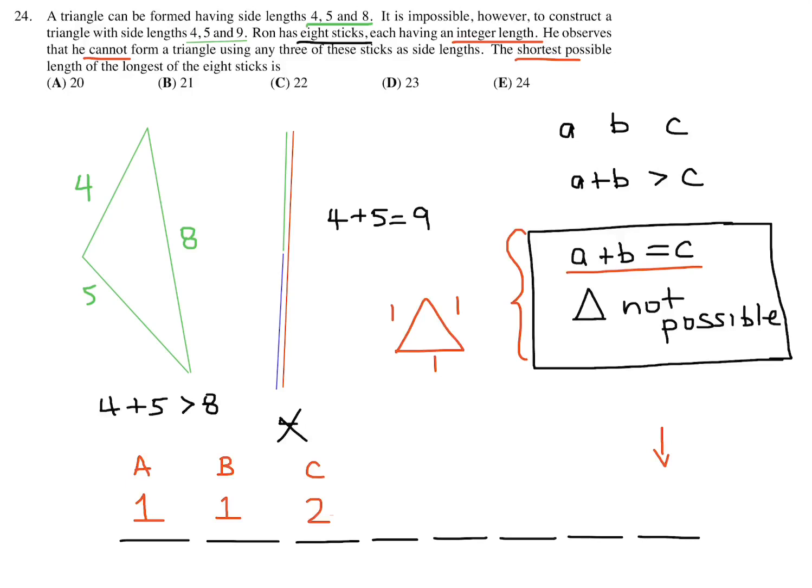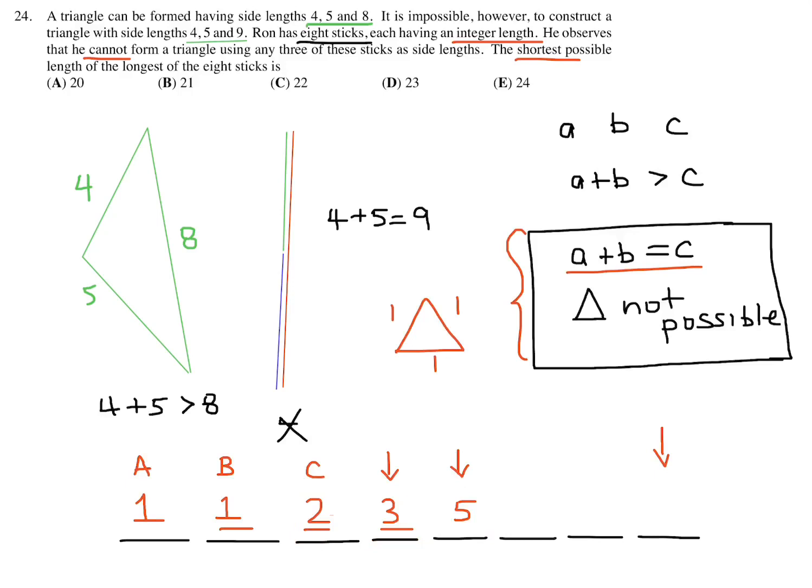How about the next number here? Well, similarly, we have to add 1 and 2, and that becomes a 3. If you do that, these 3 can never be used to make a triangle. And very similarly, that number will be 2 plus 3, which is 5. And if you do that, A plus B is equal to C in this scenario, and these 3 sticks would not be able to form a triangle.